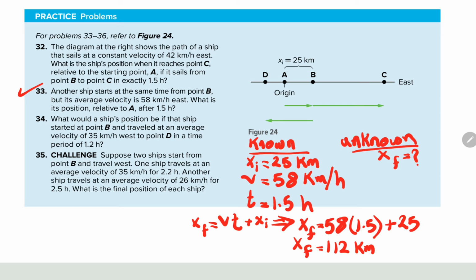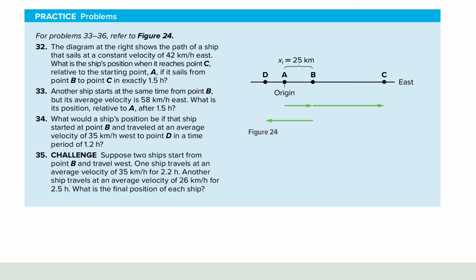Now for the other question, which is 34: what would a ship's position be if that ship started at point B and traveled at an average velocity of 35 kilometers per hour west to point D in a time period of 1.2 hours?